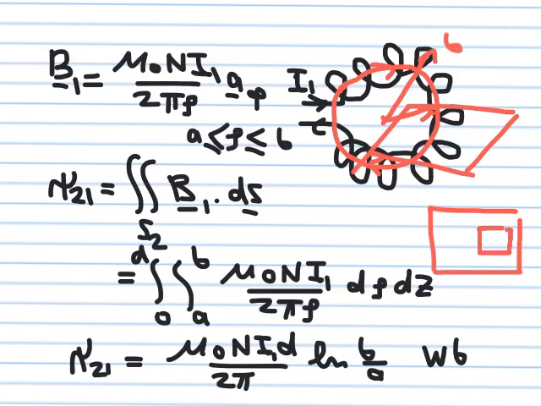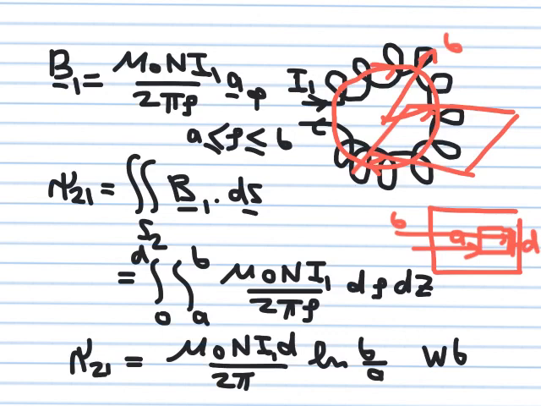This inner radius is a, this outer radius is b. So from the center, this is a, and from the center, this is b. And we agreed that the thickness of this here is d. So the thickness on this side is d.